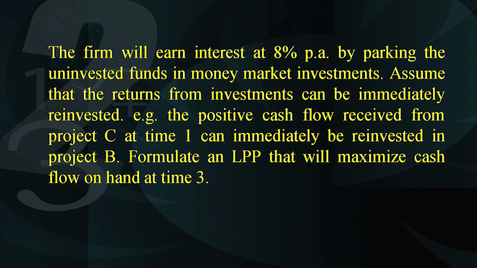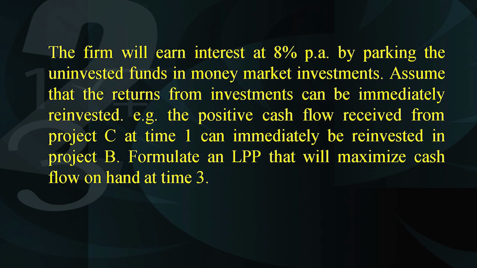The firm will earn interest at the rate of 8% per annum by parking the uninvested funds in money market investments. Assume that the returns from investments can be immediately reinvested, that is the positive cash flow received from project C at time 1 can immediately be reinvested in project B.